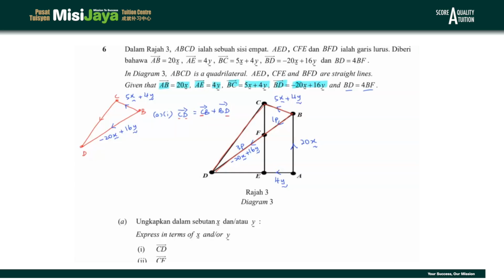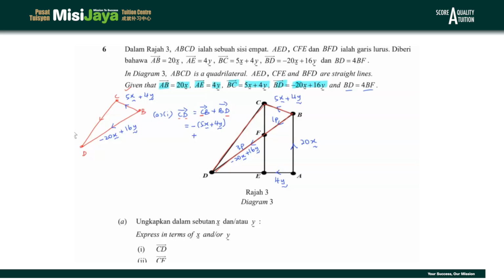The BC is given as 5x plus 4y. If it's CB, opposite direction, we just change the positive to become negative, so we times with the negative. So negative of 5x plus 4y, because we change direction, we just put a negative outside. Then plus BD.